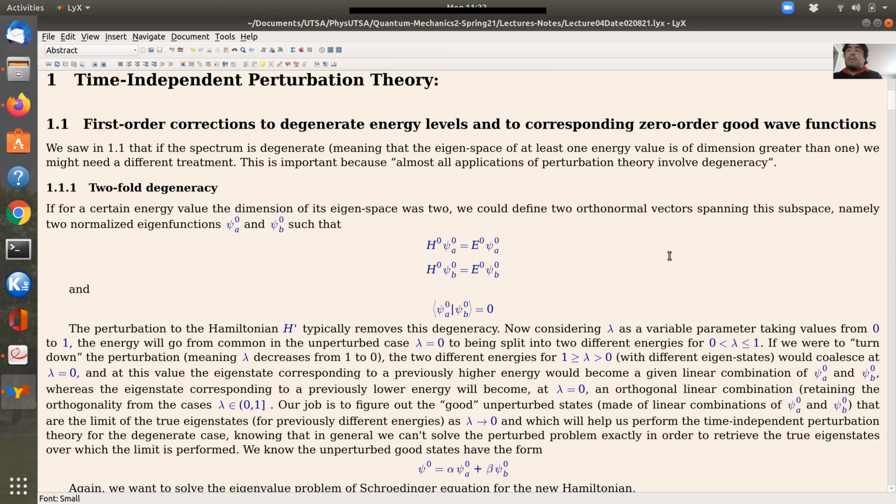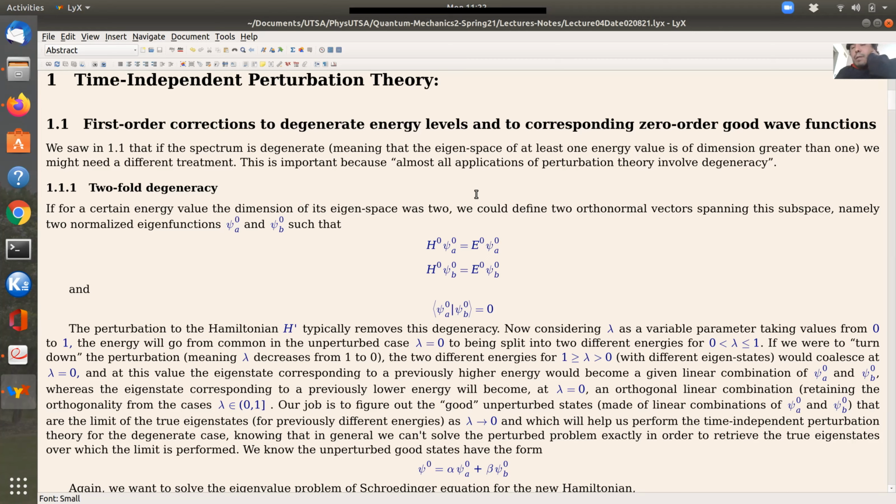So we'll have to calculate things again. I will explain it clearly. And it's not a minor point or a moot point because many of the applications of perturbation theory involve degenerate states. So, well, it's important to consider this issue, and we'll start now.